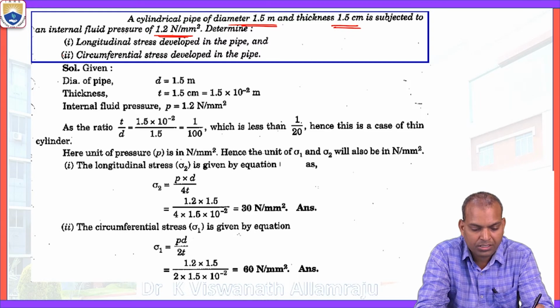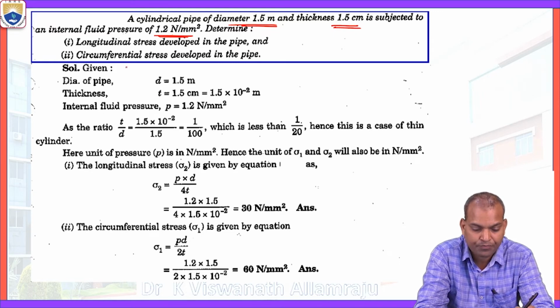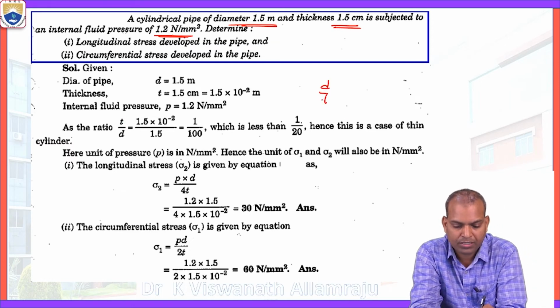Let us write down the given data: the diameter of the pipe is 1.5 meters and the thickness is 1.5 centimeters, that is 1.5 times 10 power minus 2 meters. We have to know whether this is a thin shell or thick shell. The T by D ratio should be less than 1 by 20, or the D by T ratio should be more than 20.